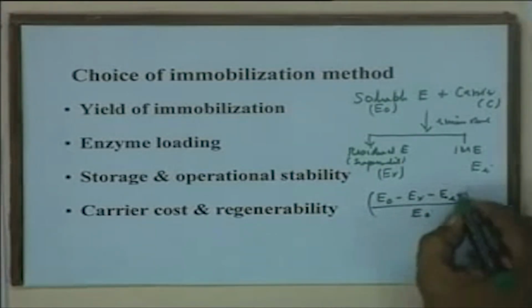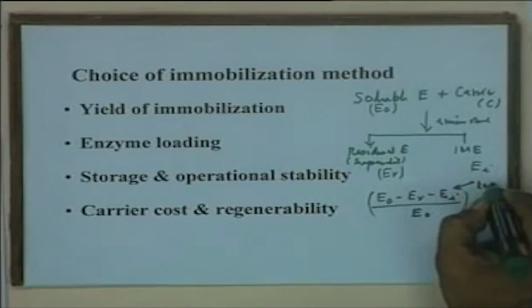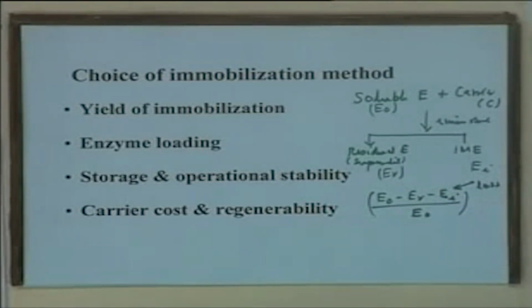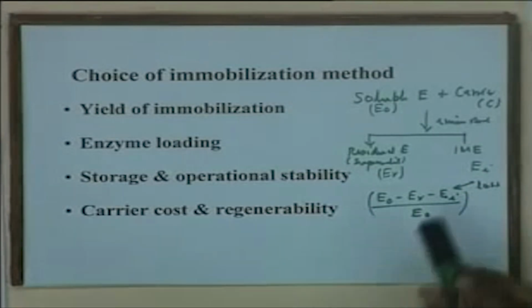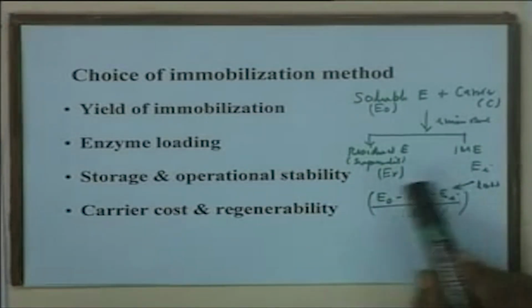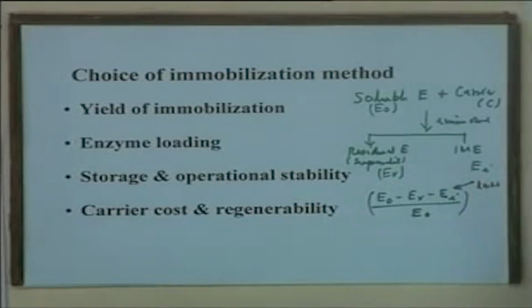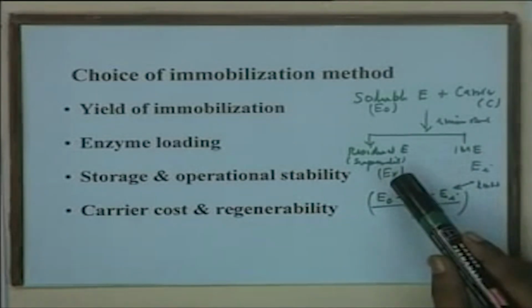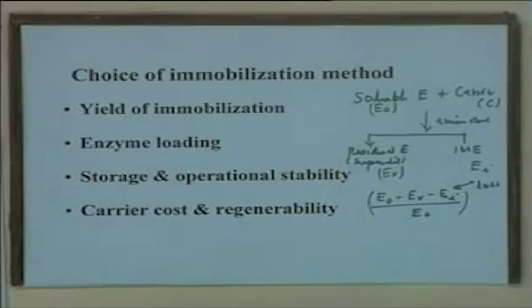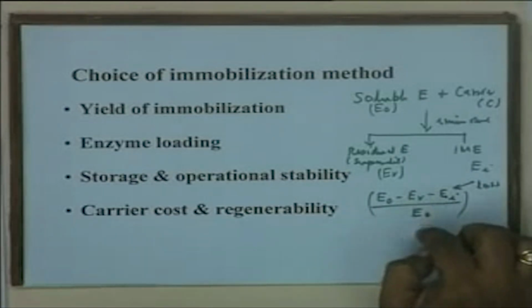That is your loss, or rather fractional loss of the enzyme activity. You see, of the total enzyme activity, the activity is distributed into two fractions, the immobilized enzyme as well as the uncoupled enzyme in the residue, and still these two theoretically should combine and form the total value of E0.